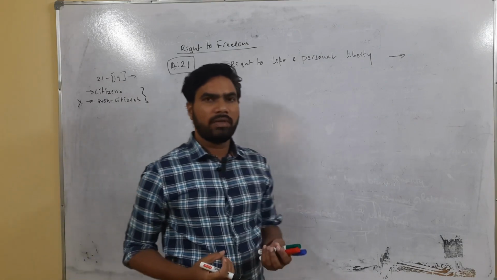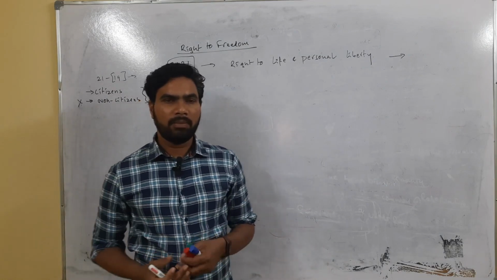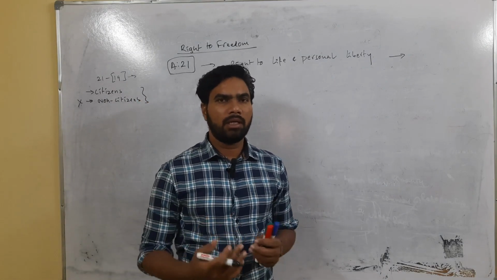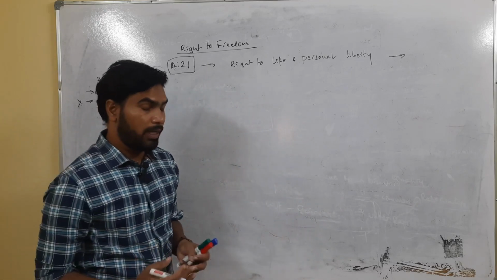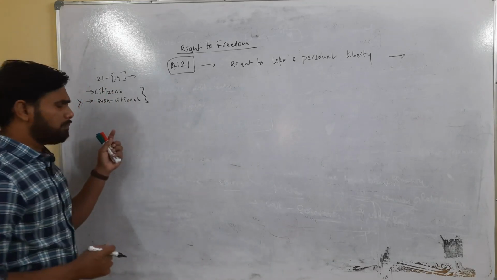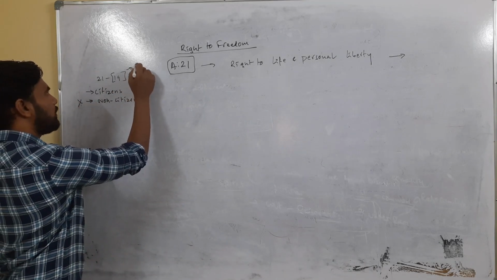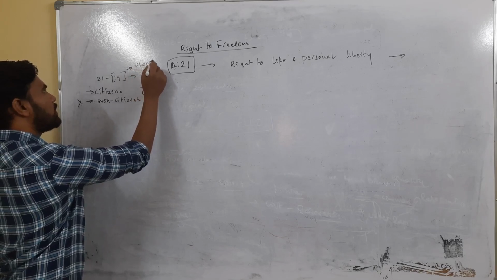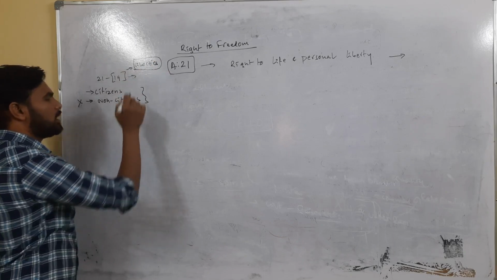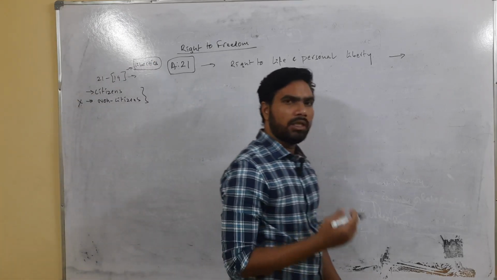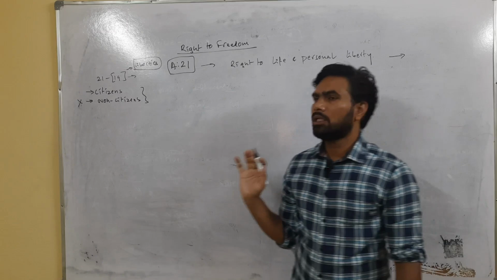Of course, there were seven freedoms, and one freedom related to property has been removed, so it guarantees six freedoms or liberties to the citizens of India. We have seen that in full detail.